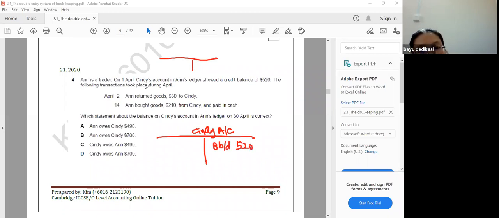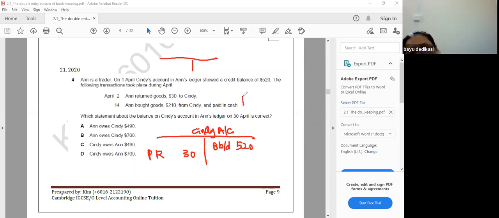The following transactions took place during April. On the second, N returned goods 30 to Cindy. This is a purchaser's return of 30. On 14th, N bought goods 200 and paid by cash.